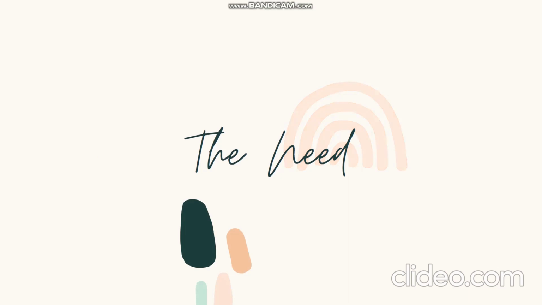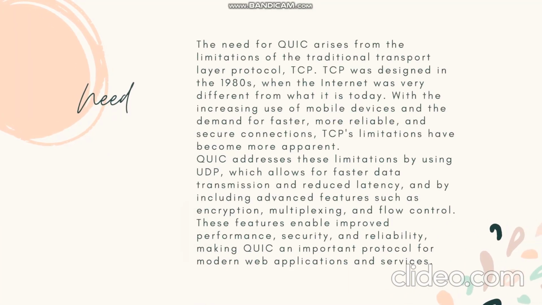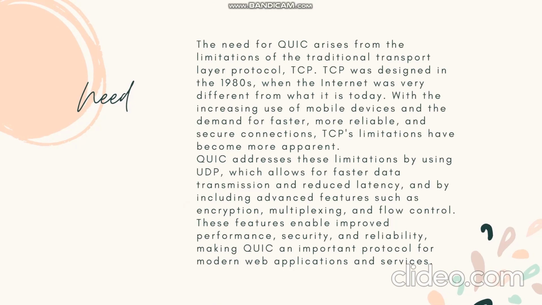What is the need for QUIC? The need for QUIC arises from the limitations of the traditional TCP. TCP was designed in the 1980s when the internet was very different from what it is today. With the increasing use of mobile devices and the demand for faster, more reliable, and secure connections, TCP's limitations have become more apparent.